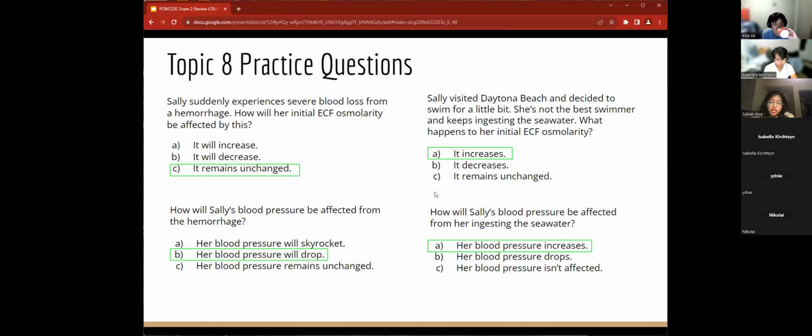There's a lot of solute in that fluid, but there's also the fluid that's inside the cells, the intracellular fluid. That fluid is going to move out of the cell into the ECF to balance the high concentration. So more water is flowing out of the cells into the ECF, so the volume is increasing. If the volume of water increases, her blood pressure also increases.